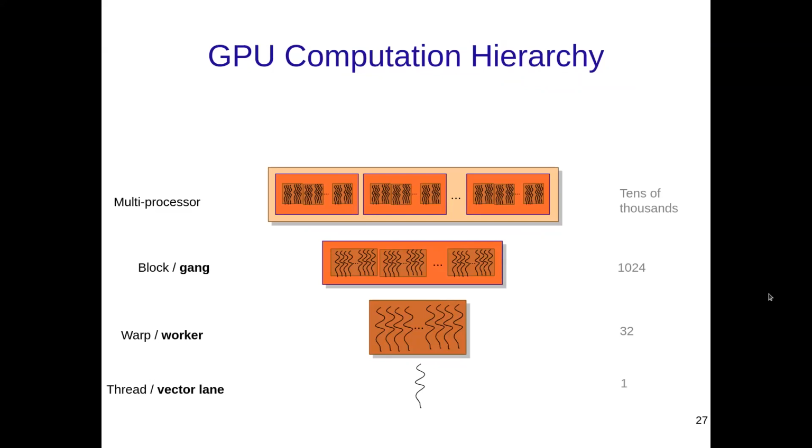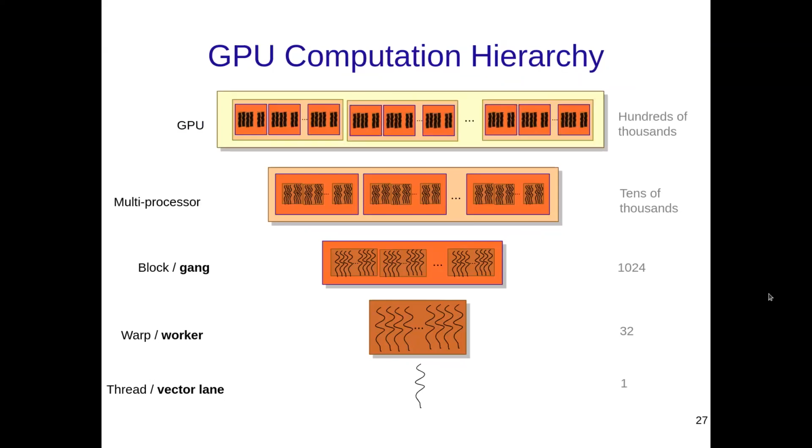And multiple such multiprocessors essentially form the overall GPU, or the accelerator that we are talking about in this context, which is capable of running hundreds of thousands of threads in a time multiplexed manner. And as we discussed in the context of Volta 100, we have a few thousands of cores available on the GPU.